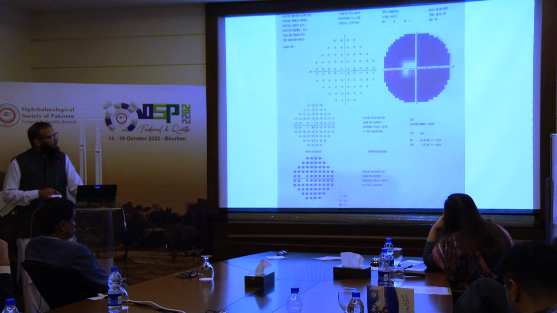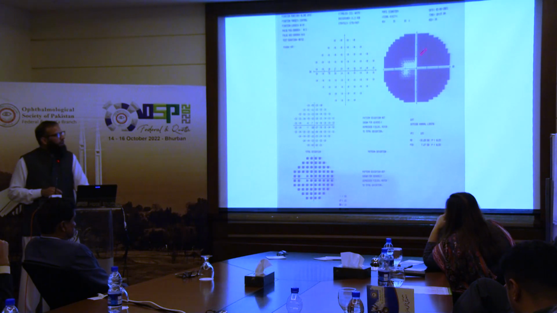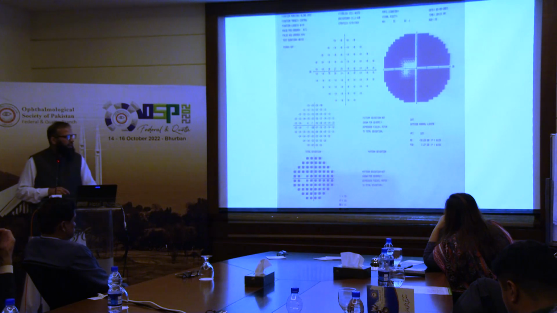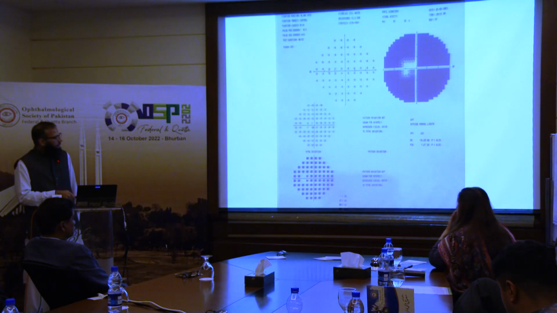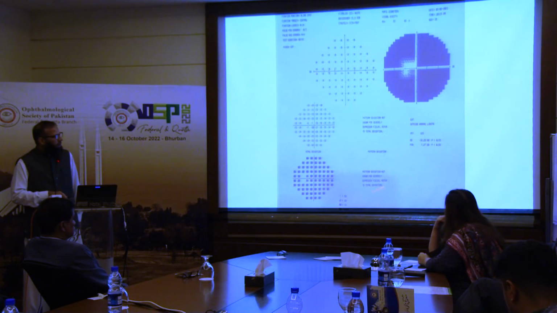Then another condition in which we see a tunnel vision. Here we will get a grayscale and total deviation plot, but in these cases in which there is extreme visual field loss, we will not get the pattern deviation plot, and we will have to rely on these two things.